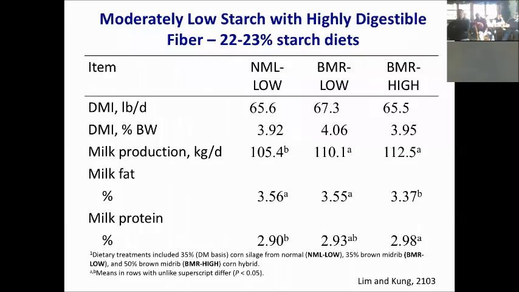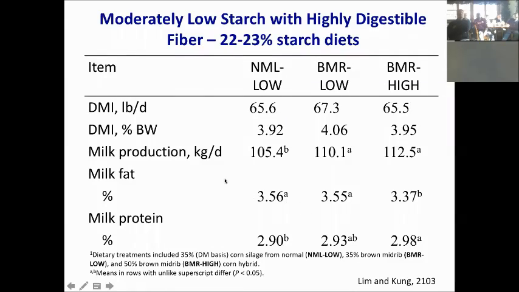And of course, just to show you a real world example, this was a study that we ran several years ago, where we had what I would consider moderately low starch diets, 22-23% starch of the dry matter, but with highly digestible fiber, and still we were able to maintain quite high levels of production.